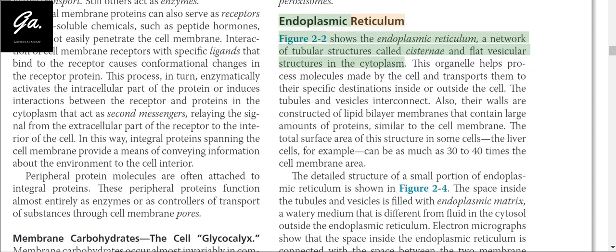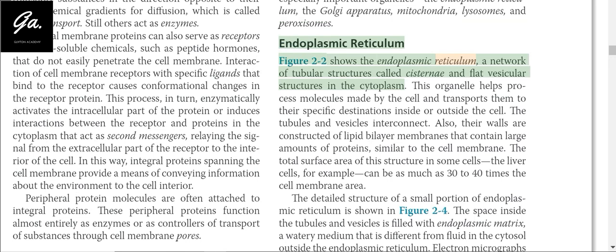Endoplasmic reticulum. Figure 2-2 shows the endoplasmic reticulum, a network of tubular structures called cisternae and flat vesicular structures in the cytoplasm. This organelle helps process molecules made by the cell and transports them to their specific destinations inside or outside the cell.